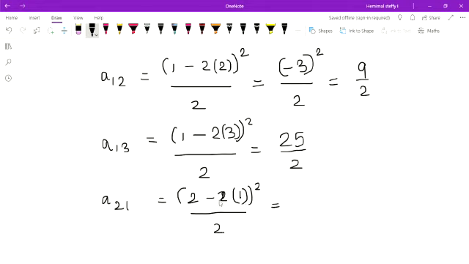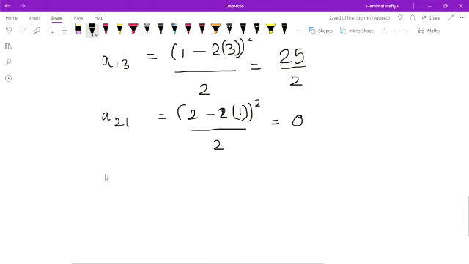So 2 ones are 2, and 2 minus 2 gives 0. 0 square is also 0. 0 by 2 is equal to 0, because 0 by anything gives 0. The answer is 0.